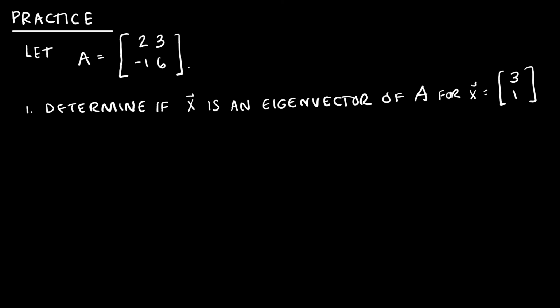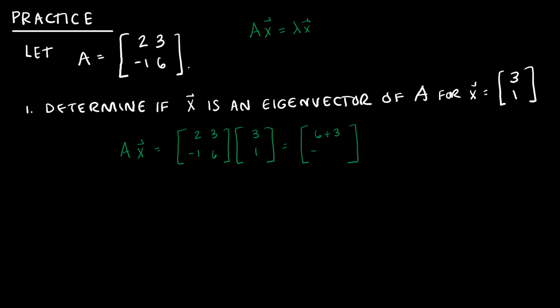If you'll recall, Ax has to equal lambda x, so I'm going to take Ax and see what happens. We all know how to multiply matrices, so I get 6 plus 3 and negative 3 plus 6, which gives me (9, 3). So Ax is (9, 3).